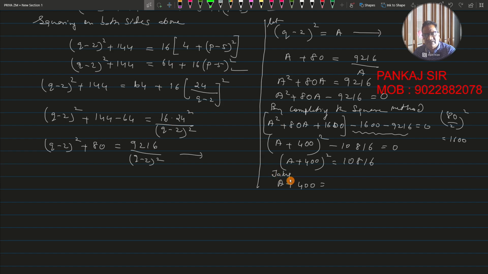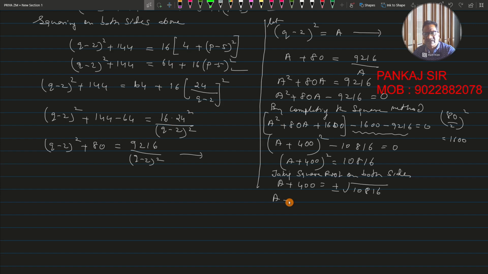Okay, so my a plus 40 should be equal to, now here what I'll do is take square root on both the sides. So when I take square root on both the sides, (a plus 40) square will become a plus 40, and this will become plus or minus square root of 10816, right?